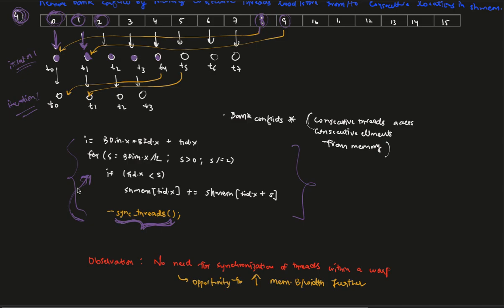However, note that in this code, let's say we have a stride s equal to 32, in iteration 4 or 5. We do not need to do a sync threads after s is equal to 32.